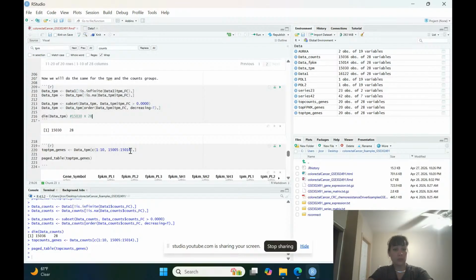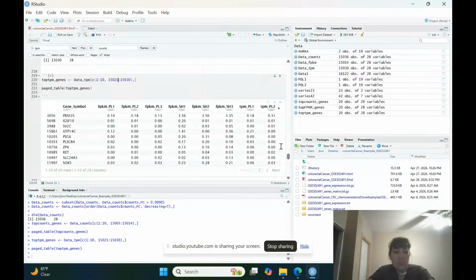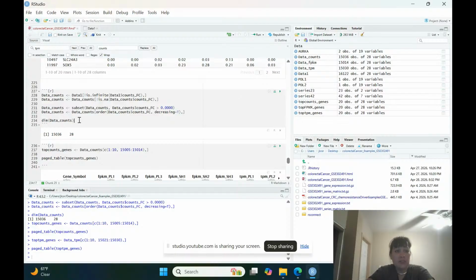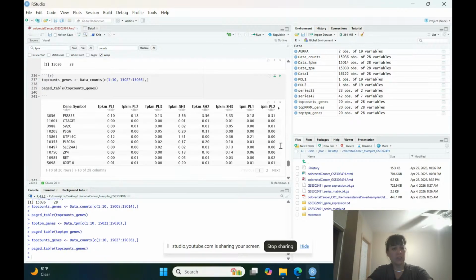So we're going to have to go 15,030, and this one's going to be 21. Okay, those are the genes. That's 20 of them. And now this one is 15,036 by 28. So it's going to be 15,036, but it's going to be 27 to 36. Okay. 20 is good. So those are our genes.